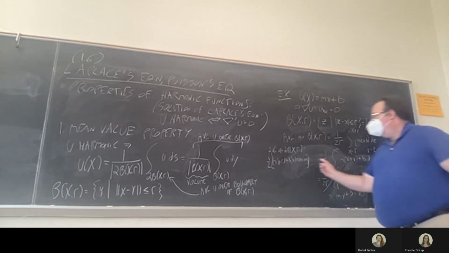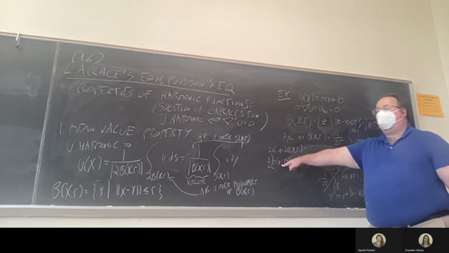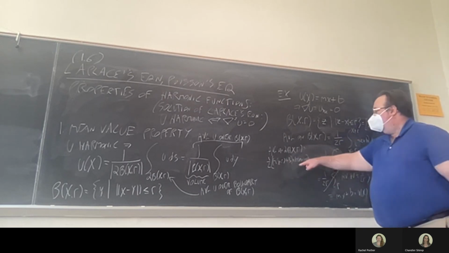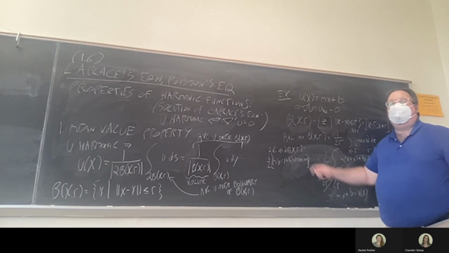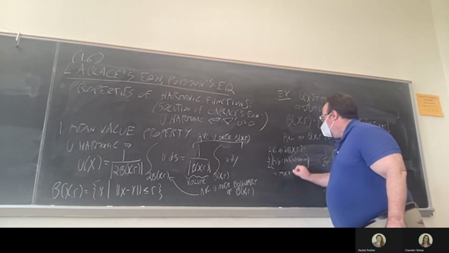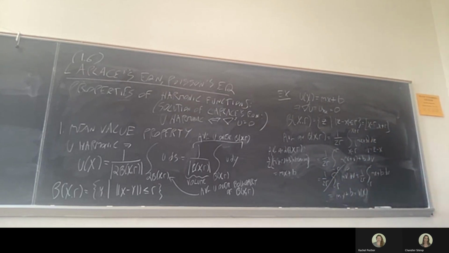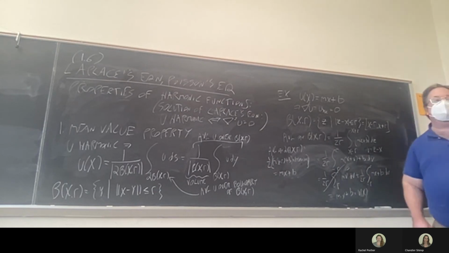Now, if I average these two values, here I have minus r, plus r. Those parts will cancel. So again, I will get mx plus b. So it doesn't matter whether I chose the interior of this interval, x minus r to x plus r, or its endpoints, the boundary of that interval, the average in both cases is equal to u of x.